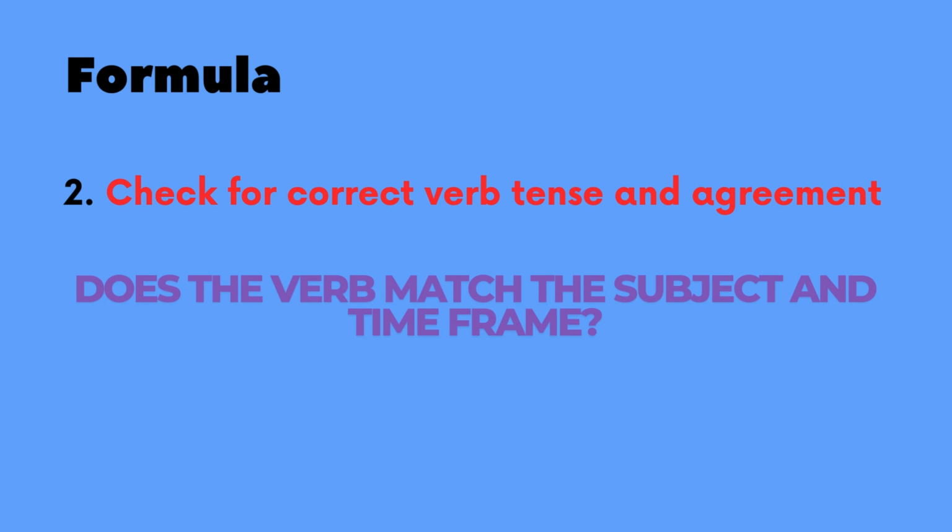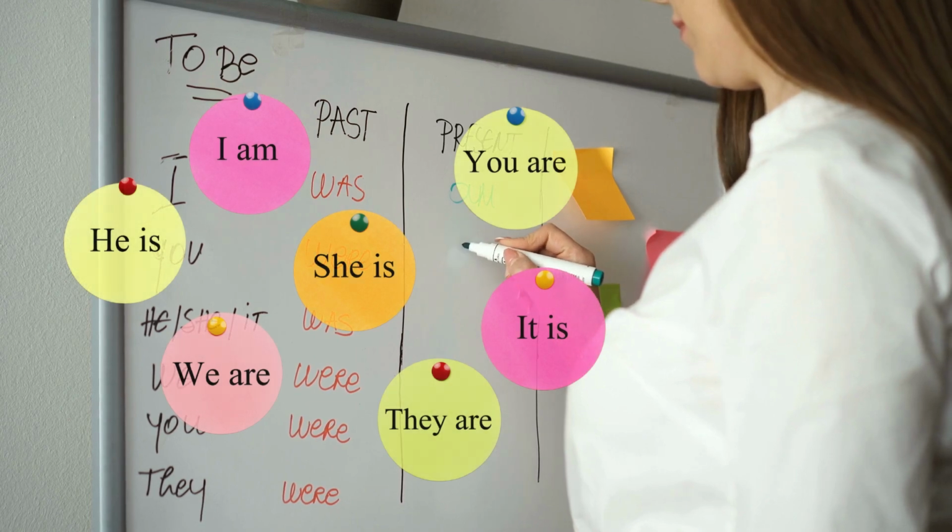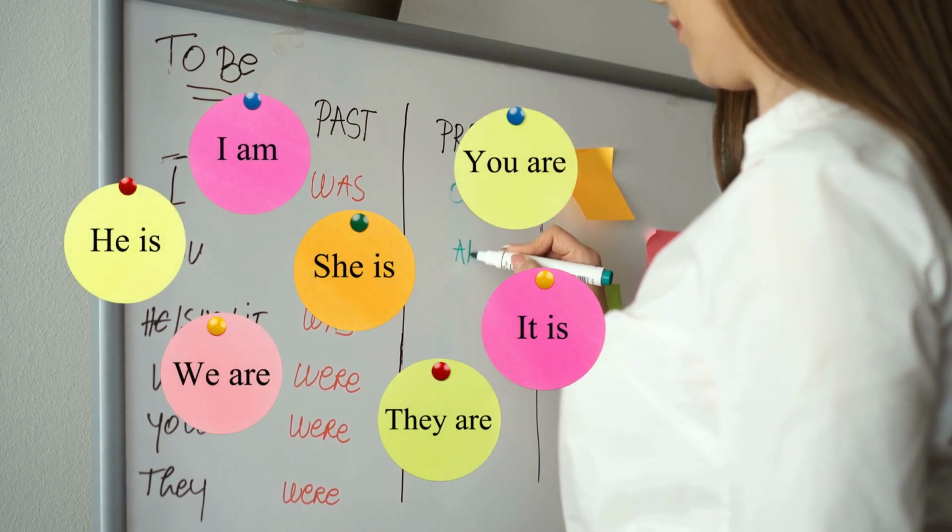The second part is to check for correct verb and agreement. So the question is, does the verb match the subject and the time frame in which it appears? Any English speaker knows that subject has to agree with the verb, as well as the verb has to be in the correct tense.